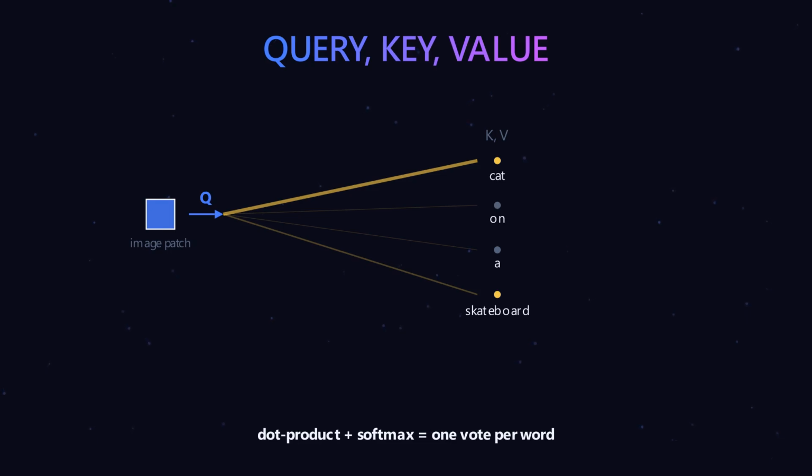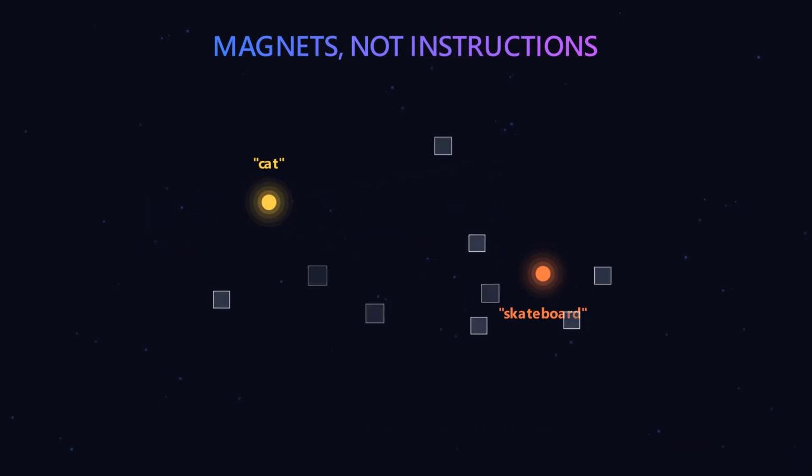Those weights blend the values into a single vector that gets added back into the image's features. Every patch of the canvas literally votes on which words matter to it and pulls in a weighted mixture of their meaning. This is why magnet is the right picture and instruction is the wrong one.